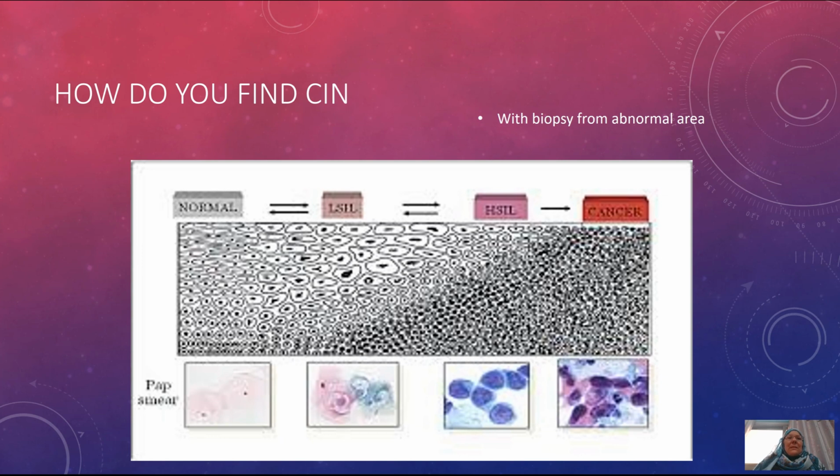From normal cell packing within the epithelium due to cancerous changes, you find that in low-grade lesions, the nuclei of the cells are not yet so big, and the cells not so dense. And as it becomes more high-grade, the nuclei of the cells get bigger, and the cells are packed more densely.